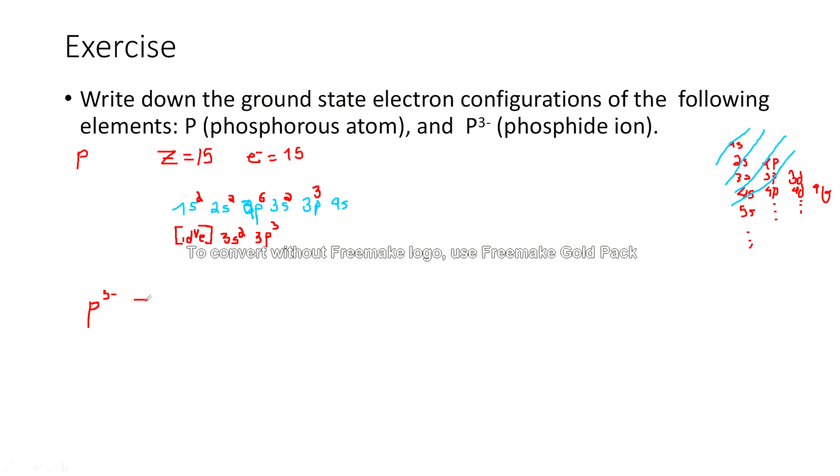So the number of protons is still 15, but the number of electrons will be 15 plus 3. Remember that in the case of an anion, you need to add the charge to the atomic number. Therefore, we have 18 electrons.